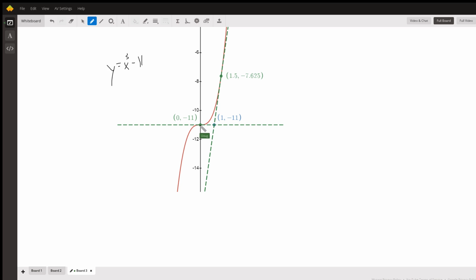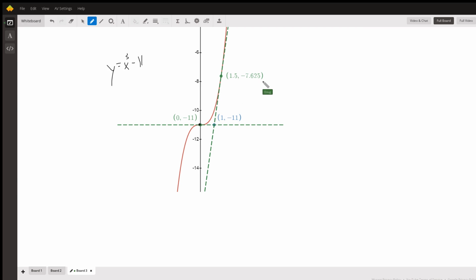So the point of tangency is actually (0, -11). When x is 0, y is negative 11. And we also know that when x is 3 halves or 1.5, the tangent line at that point will pass through (1, -11).